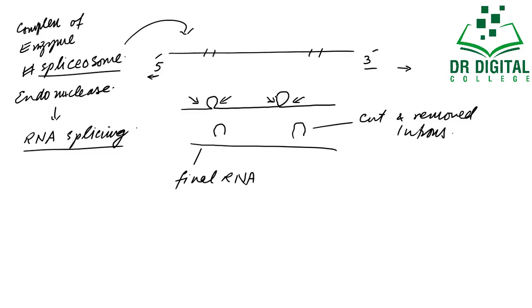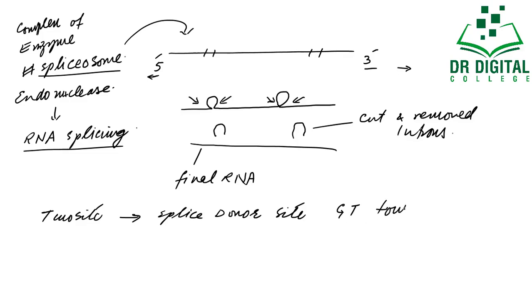So on RNA there are two sites. These are called the splice donor site. The splice donor site is ending at GT towards the 3' of the intron.